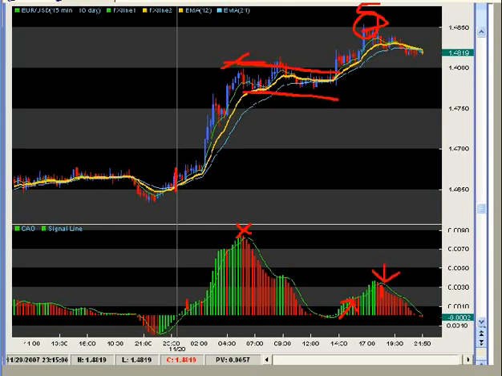So the third red bar, the histogram moving below the signal line, that's where a short would be entered. All right? In this case, since we see the end of the 5-wave sequence, we know this is the end. This is the entry point right here. So at the end of 5-wave sequences, that's how he would use this indicator.